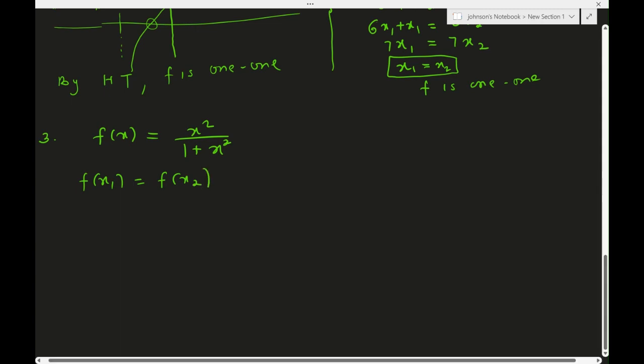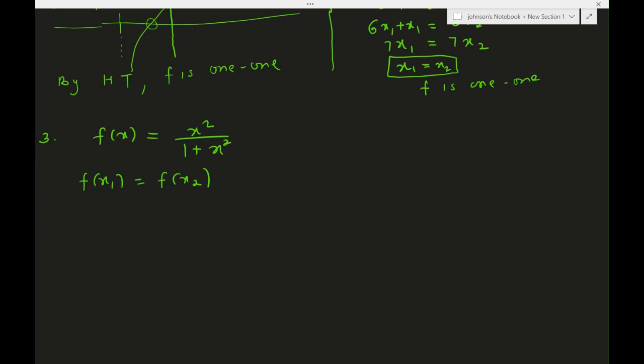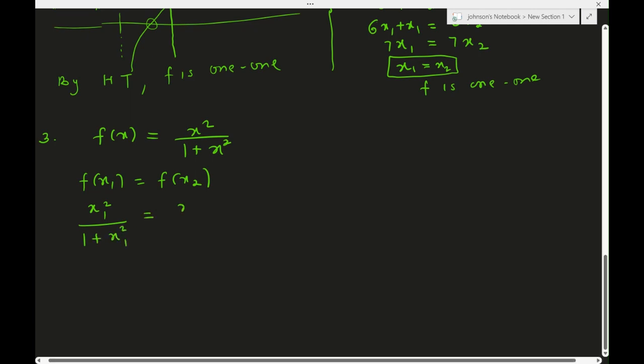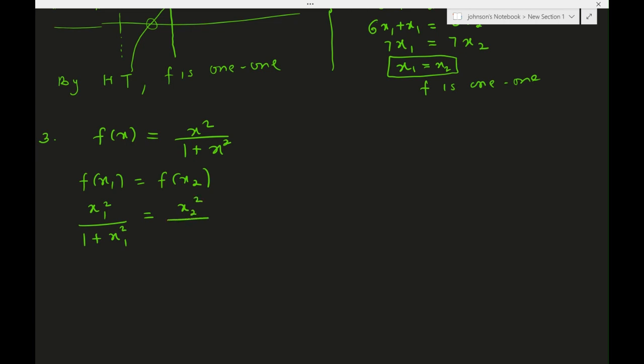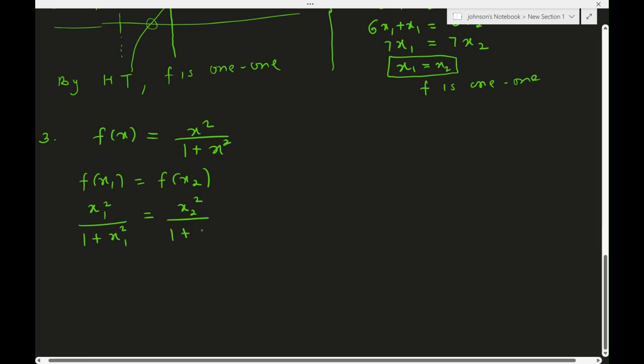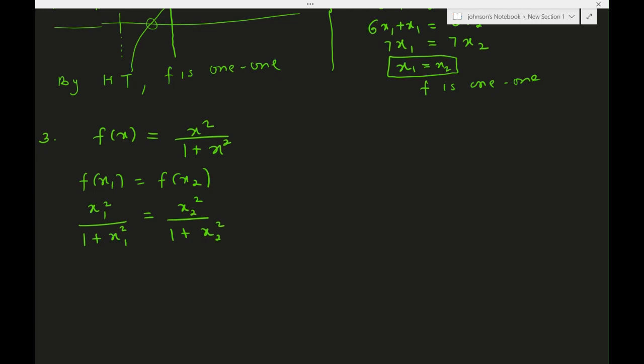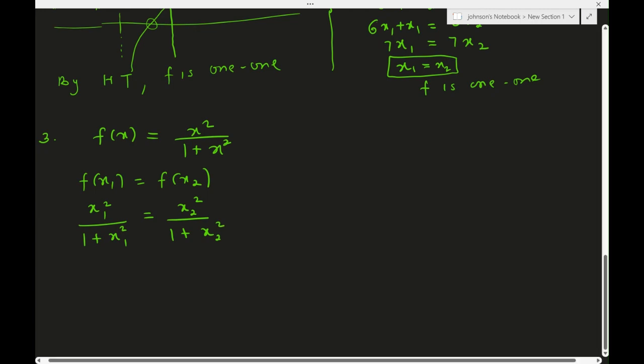Now, what can we do? What is f of x1? This will be x1 squared over 1 plus x1 squared. Then everything will be for x2 here, so we have x2 squared over 1 plus x2 squared.